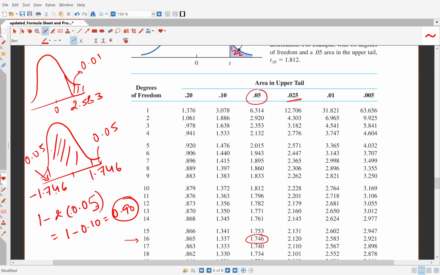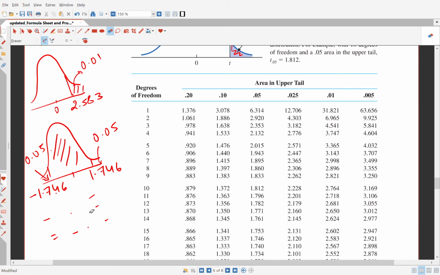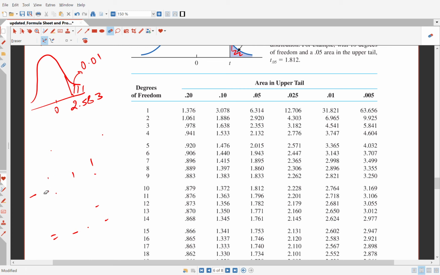So now let's go to question number 12 on slide 46. Okay, and let's do that one. I'm just going to erase some of these, whatever I can erase.